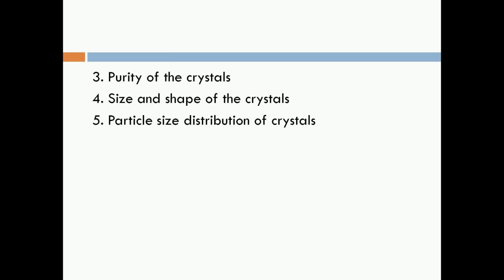The crystallization technique helps in producing pure crystals, and because it is a polishing step, purity plays a major role. On the chemical bottles that we have, you might have seen 99% pure, 95% pure, which in turn tells you the purity of the crystals present in the sample. Apart from purity, size and shape also play a major role and become parameters for us, and even the size distribution plays a major role here.